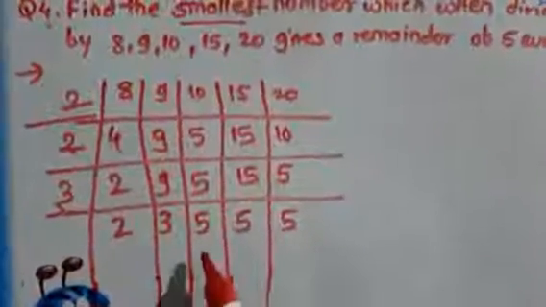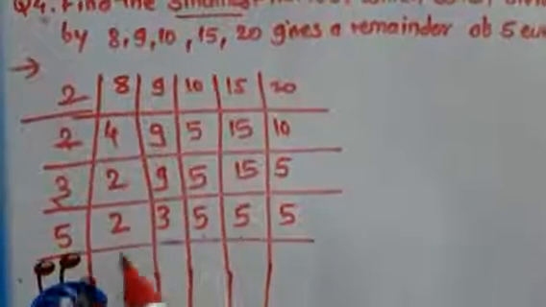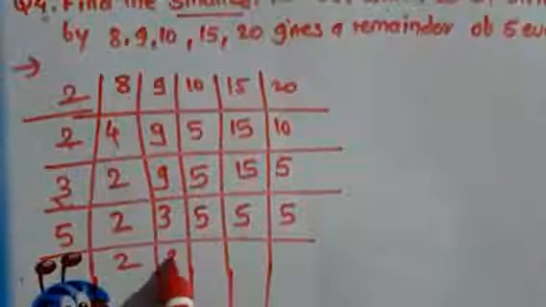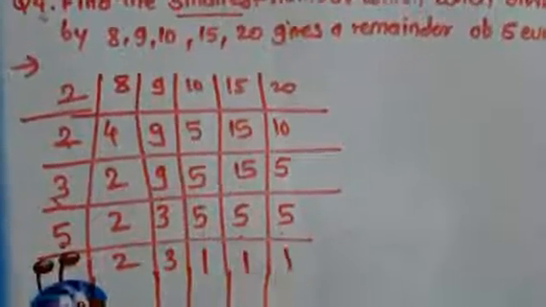Now for these 5s we can take 5. 2 as it is, 3 as it is, 5 ones are 5, 5 ones are 5, 5 ones are 5.